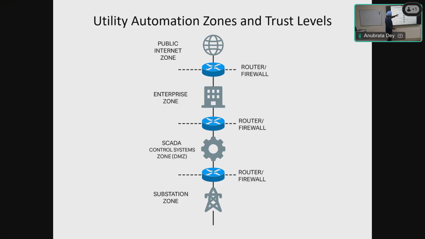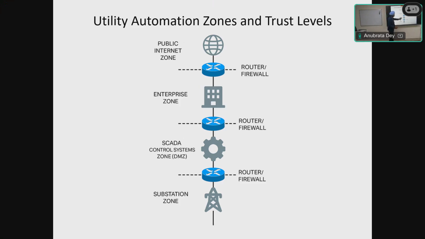This is obviously the public internet zone, the least trusted zone. You don't trust that zone at all. Then you go through a router or a firewall, and then you have your own enterprise zone, your own company's enterprise offices and so on. It's a little bit more trusted than the internet, but still not trusted.